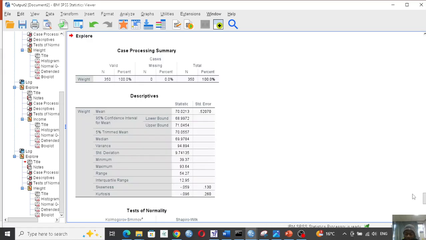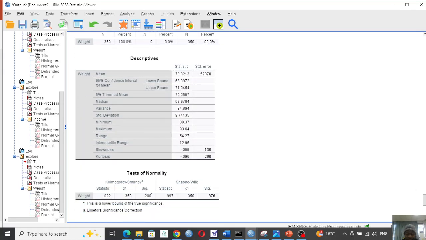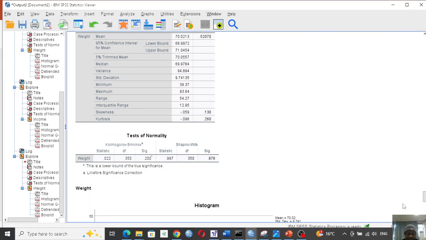Now we have our outputs generated. When you come here, we could see in the test of normality for the weight that our p-value here, 0.200, is greater than 0.05.